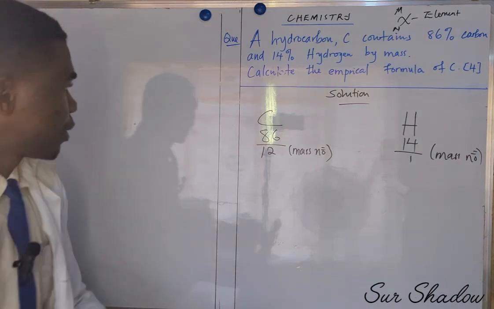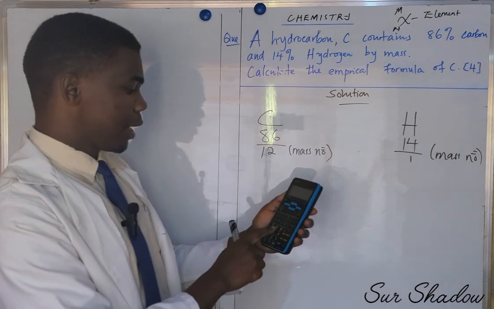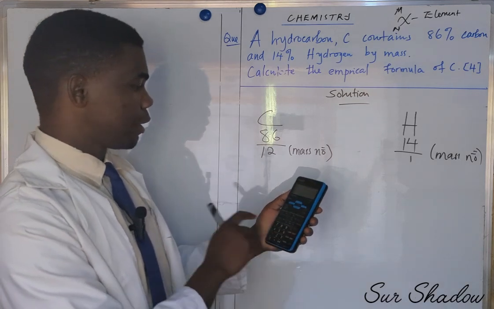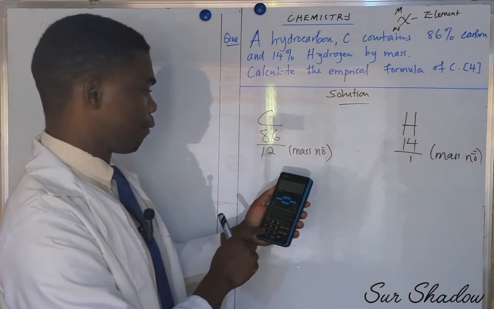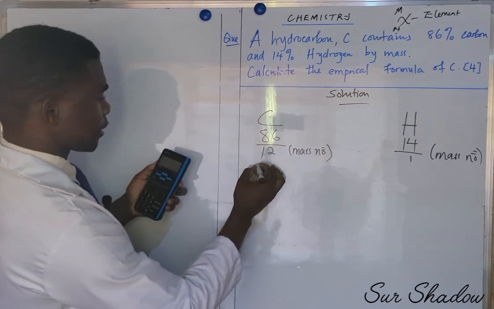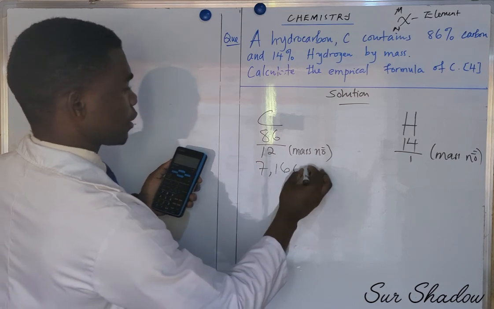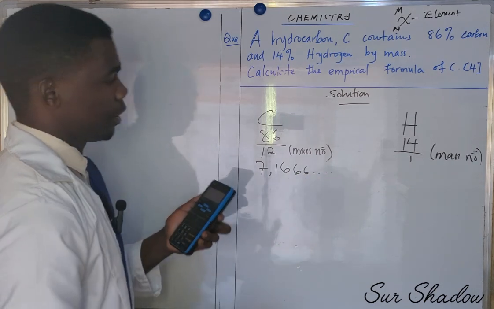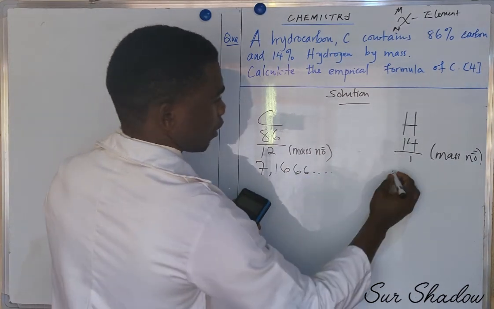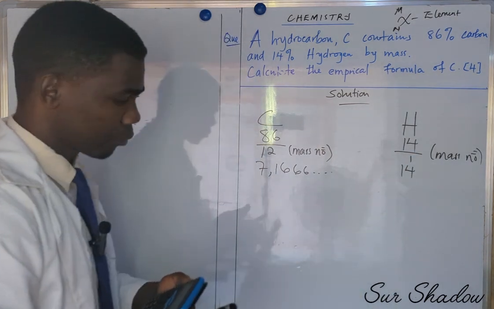Let me use this calculator. We are saying 86 divided by 12. This gives us 7.166666667 and so forth. If you divide 14 by 1, we still get 14.